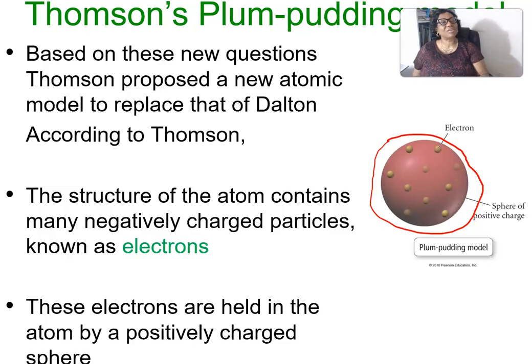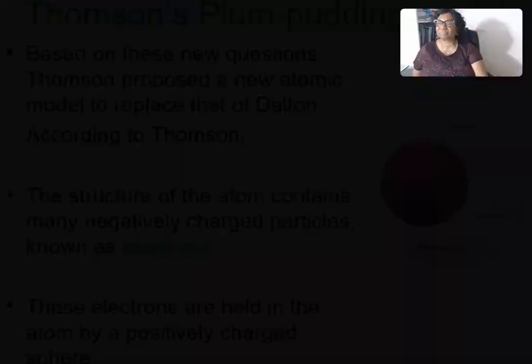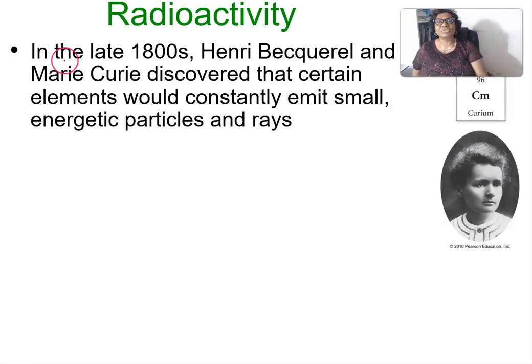So in the course of trying to confirm it, he needed something to penetrate the atom. So with that, we'll talk about radioactivity before we go to the experiment. By the late 1800s, Henry Becquerel and Marie Curie had discovered that certain elements would constantly emit small energetic particles or rays.